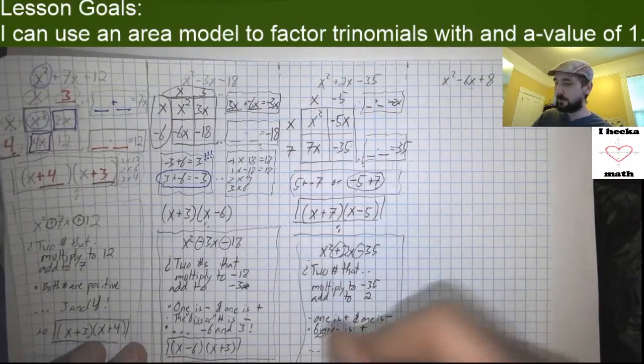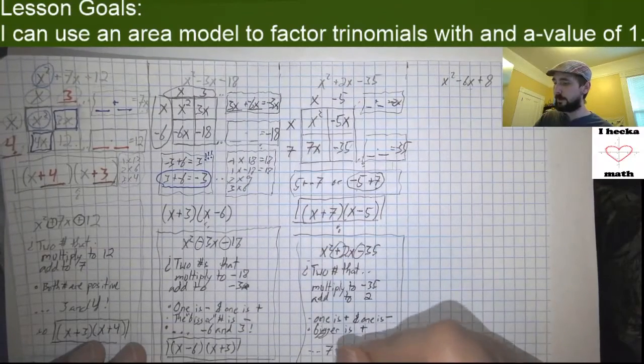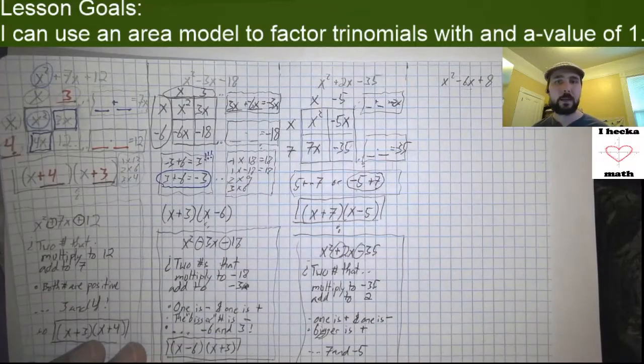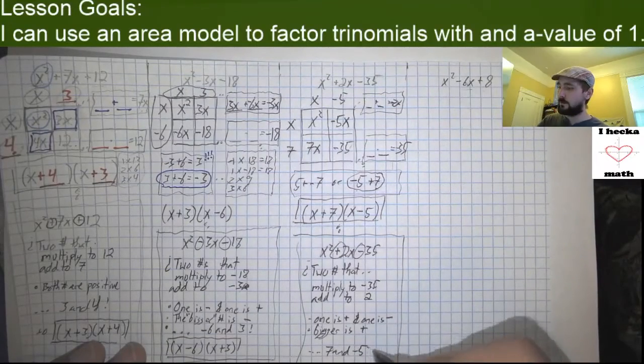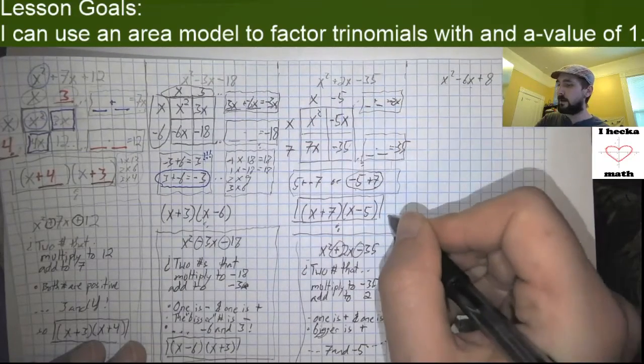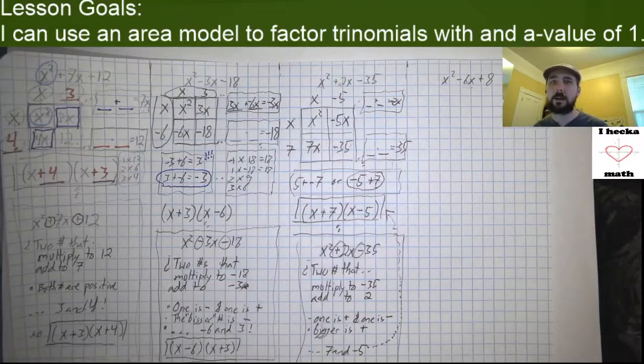And we figured out those answers were 7 and negative 5. And so then our final answer was x plus 7 or x minus 5. And we can do it in the other order too. We could say x minus 5 and x plus 7, and it's the same thing.